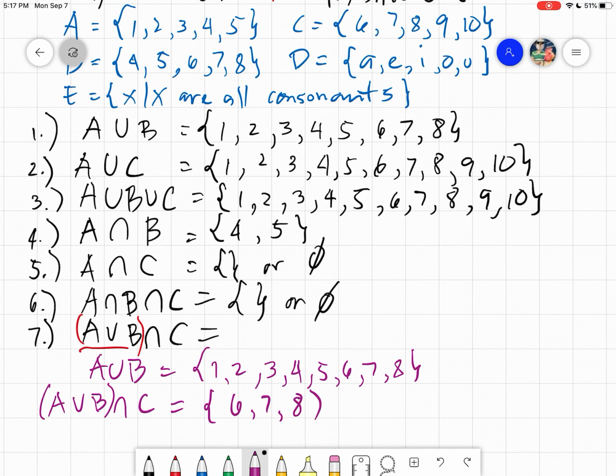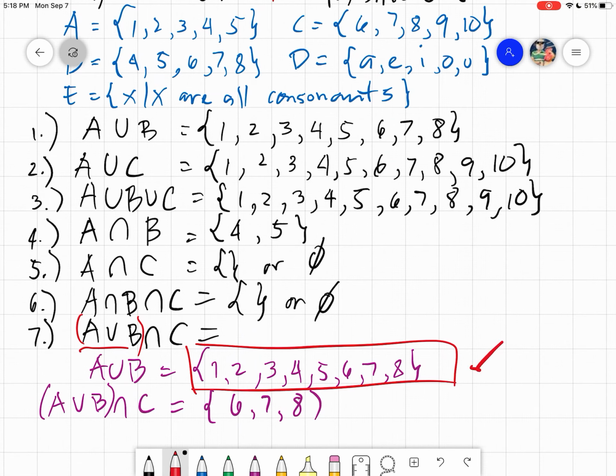So again, ganito yung ginawa ko. Unti-unti ko siyang ginawa. Ang gagawin ko is I will simply take A union B separately and I will list down its elements. Tapos ngayon, kukunin ko yung intersection niya sa C. Titingnan ko yung elements neto at i-compare ko dun sa elements ng C and I will check the commonality between them. I will notice na itong 6, 7, 8, they are common.